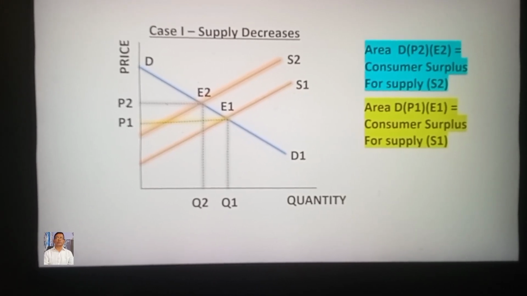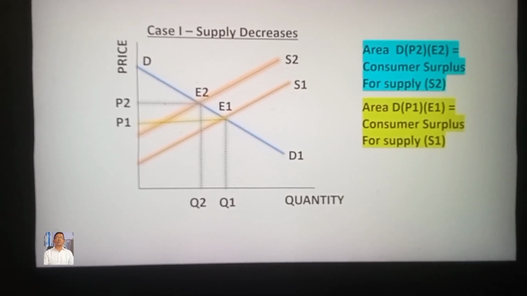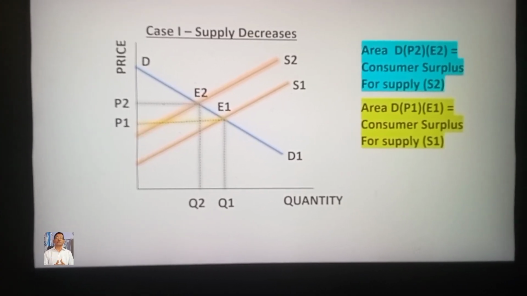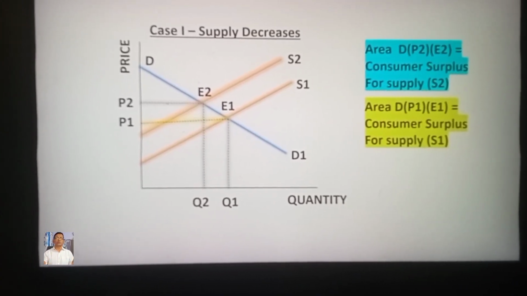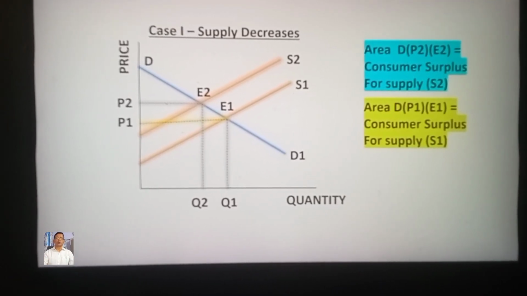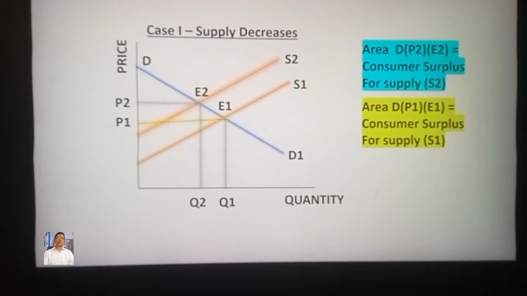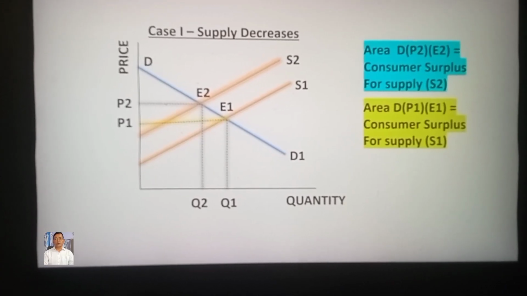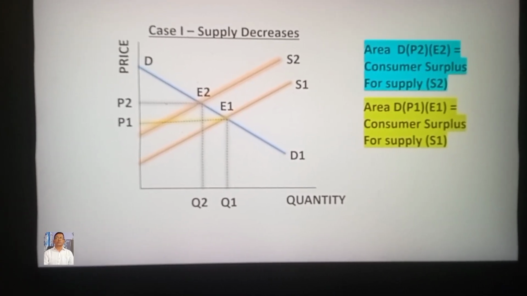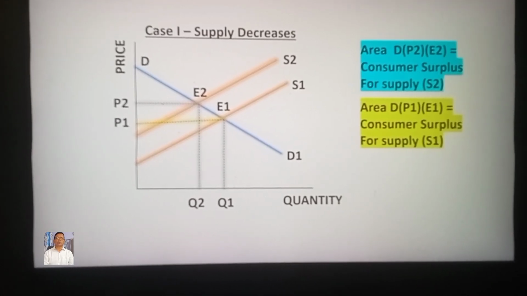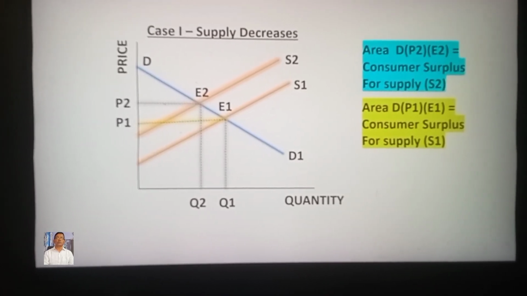This is since a decrease in supply puts upward pressure on the price of goods or services in the market, causing them to rise from P1 to P2. In addition to this, the quantity of goods or services in the market decreases from Q1 to Q2. As a result of this, the number of consumers that are willing and able to pay a higher price than the market price decreases.